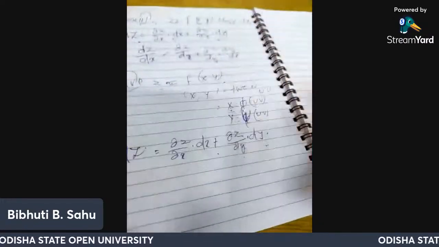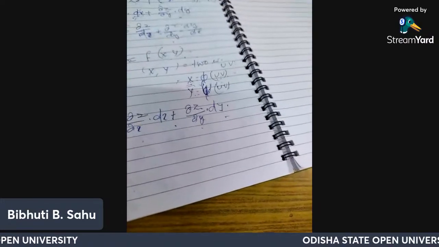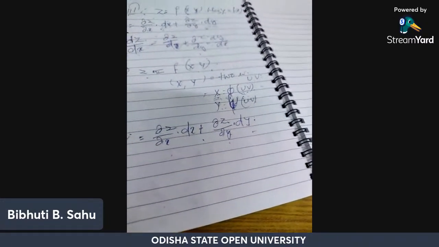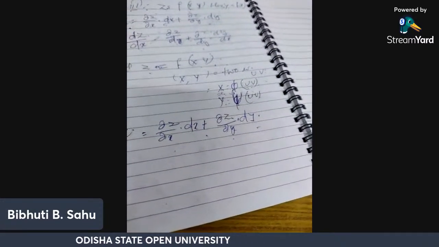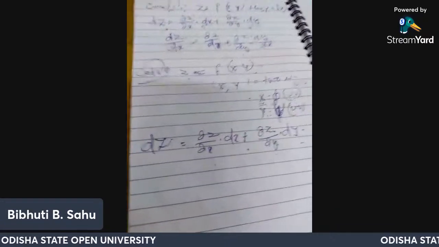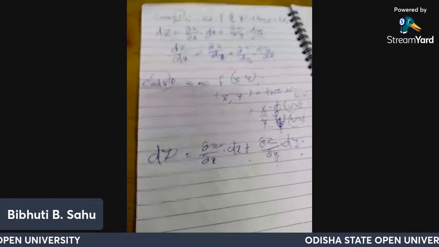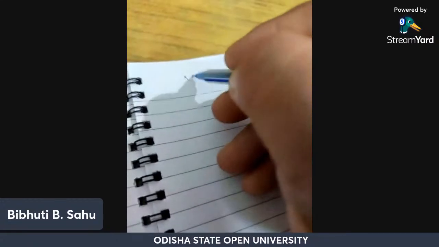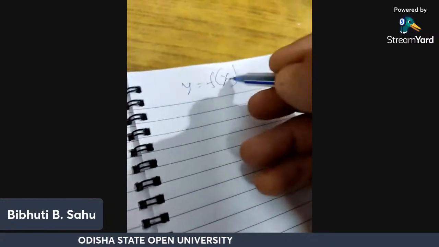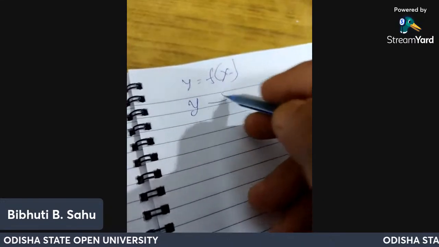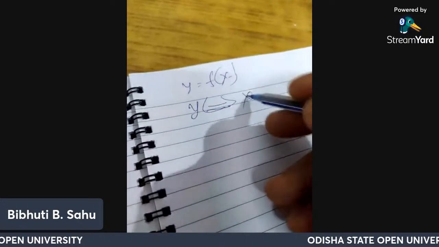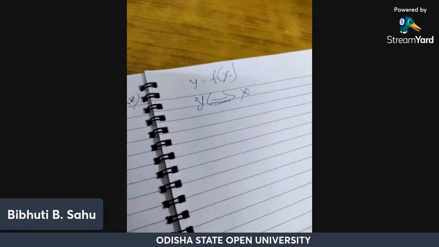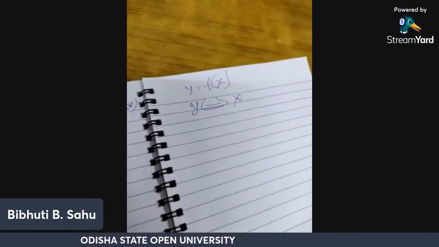Now, suppose these are the independent cases. Then can we have a function which is completely expressed like this? There are certain functions in which we cannot express y as a function of x. That may be y is somehow implied by x.